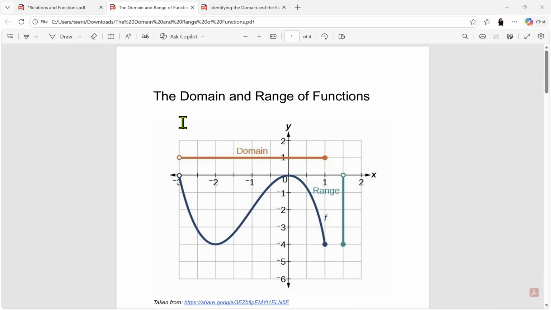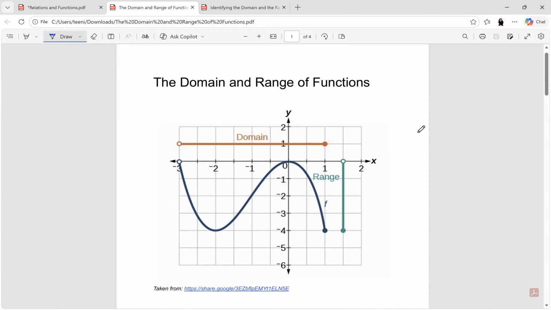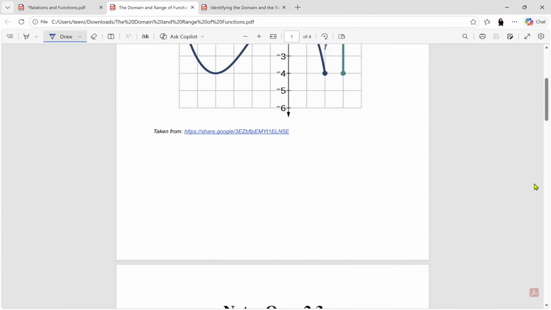But something else that we're looking at, now this is drawing on your memory of inequalities. When you have an unshaded circle, it means it's an exclusive inequality. So just to refresh your memory a little bit: when you have a shaded circle and the arrow is pointing to the right, this means greater than or equal to.